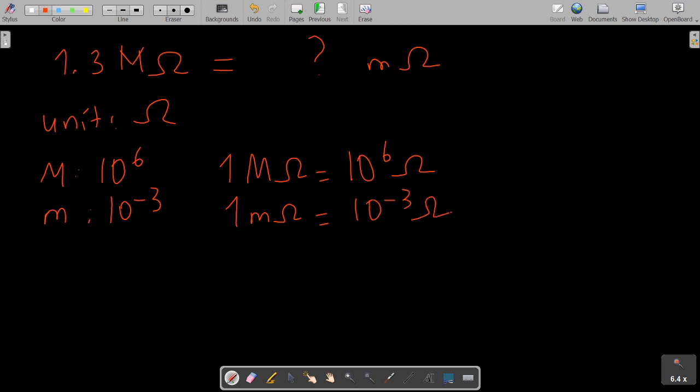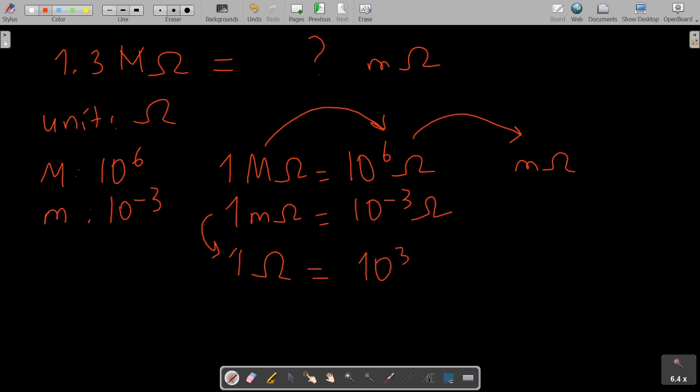Okay, so I can go from mega to ohm, and then from ohm I need to go to milliohm. Therefore, we need to change this equation, make it: 1 ohm is how many milliohms? 10 to the power 3 milliohms.